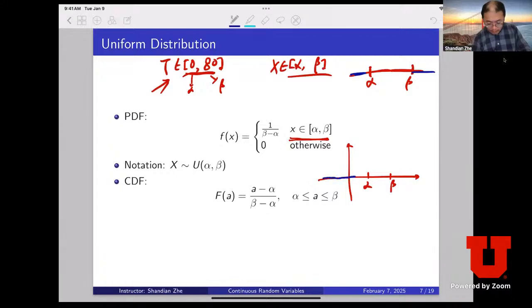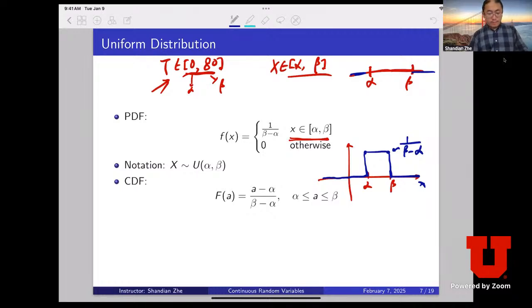When X falls outside of this range, the PDF is simply 0. And when it is inside this range, the PDF value is a constant. This constant is 1 over the length of this interval. Okay.